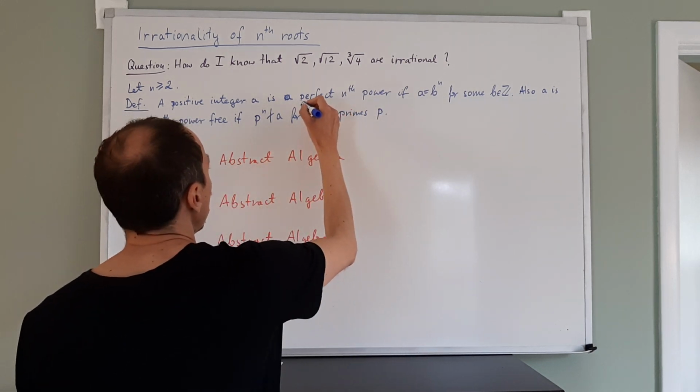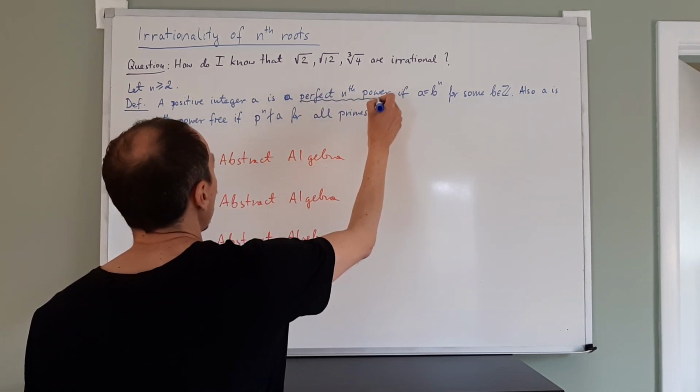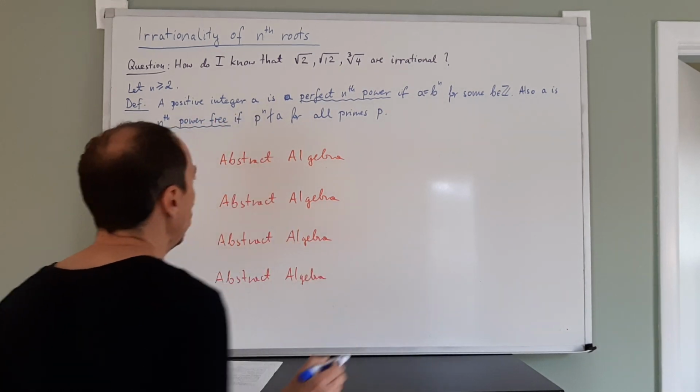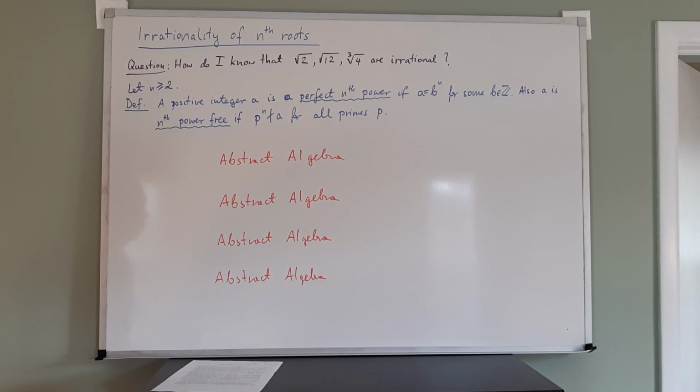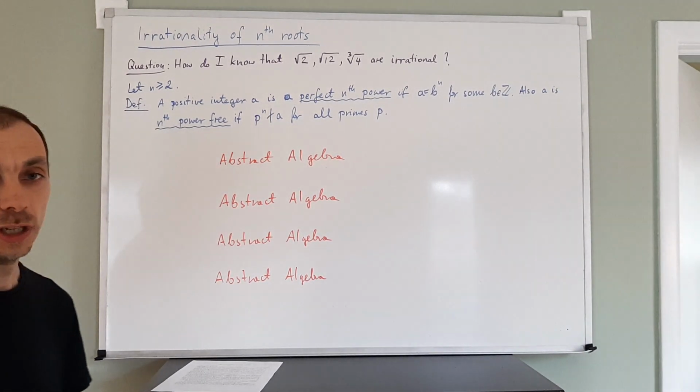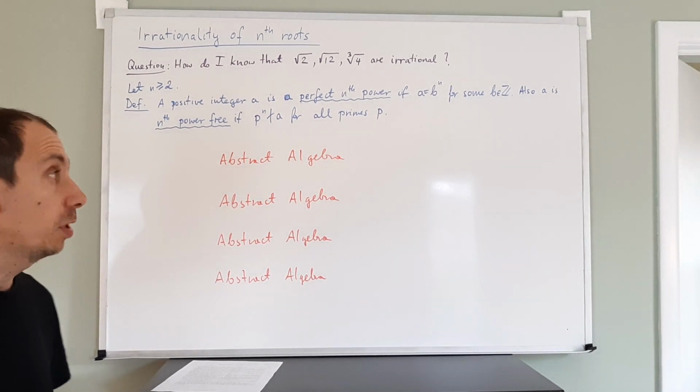Okay, so the two notions here are perfect nth power and nth power free. You know about perfect squares and you know about square free numbers. This is just a generalization of both of these notions to any power.